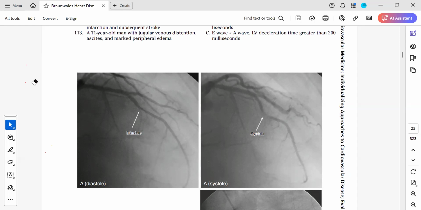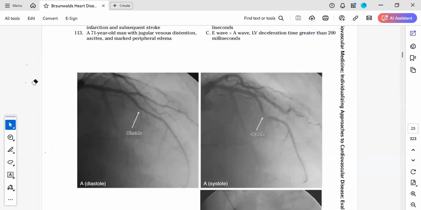If you are able to see the diaphragm, then it is a cephalic projection. And if you're unable to see it, then it is a caudal projection. Now, the right anterior oblique helps you to see the LAD and the circumflex well.